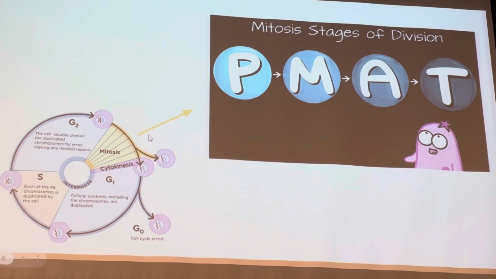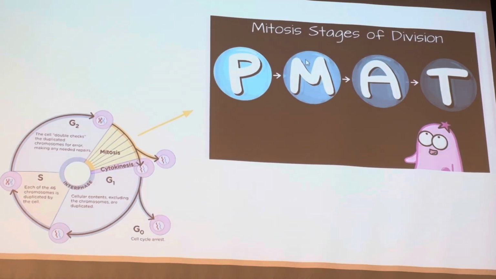The stages of mitosis are PMAT: prophase, metaphase, anaphase, telophase. This is just organization and alignment of the chromosomes to be able to split into two different cells, which is a bigger task than you might think. The chromosome is huge, so to organize the chromosome into unique structures and pull one side to the other side is actually a huge feat.